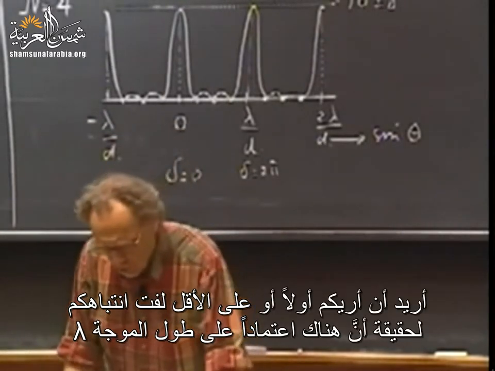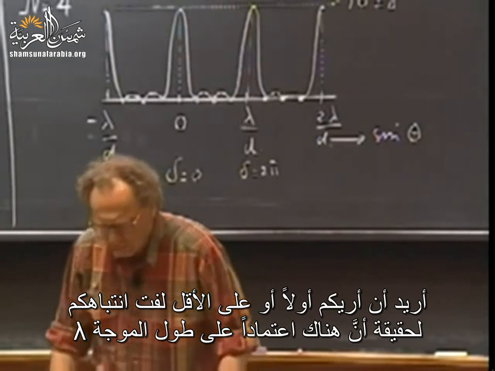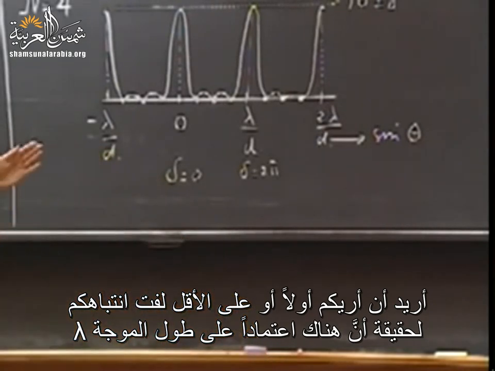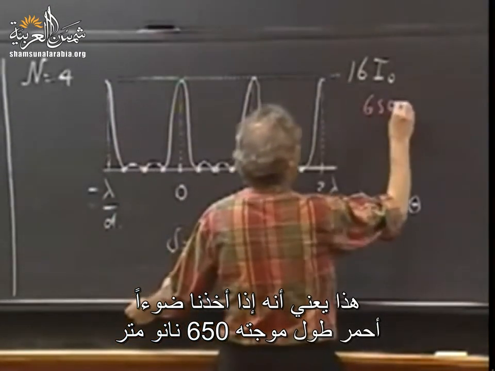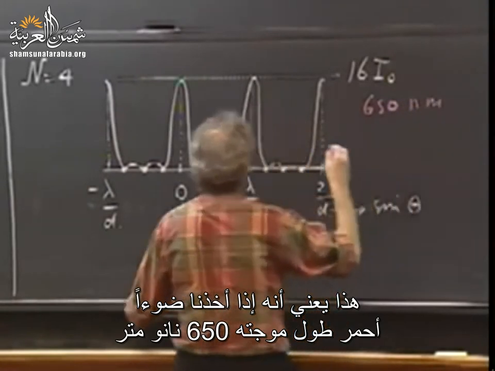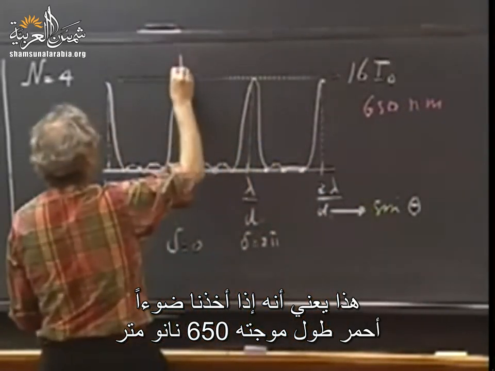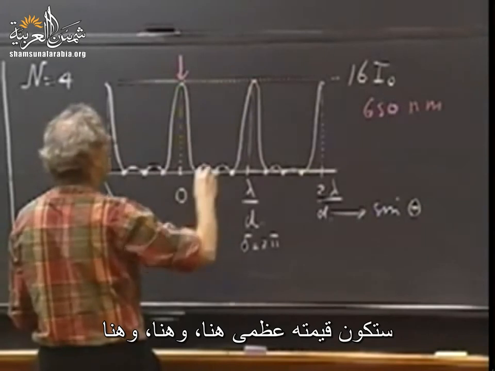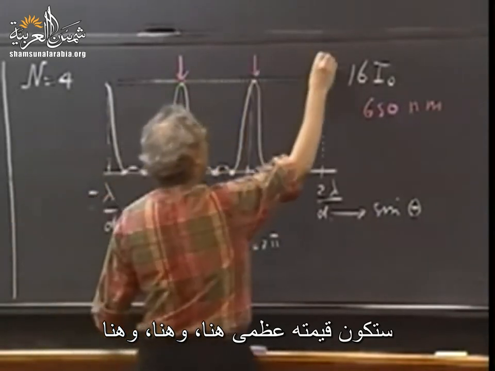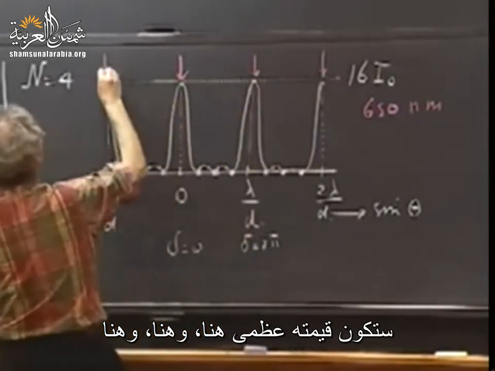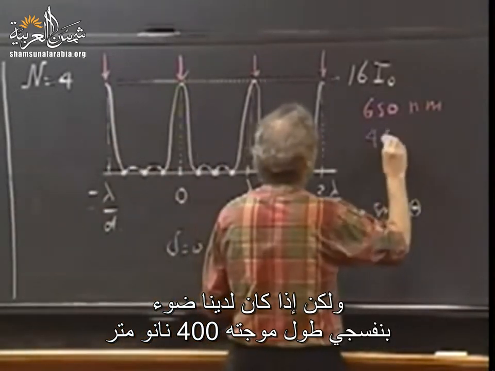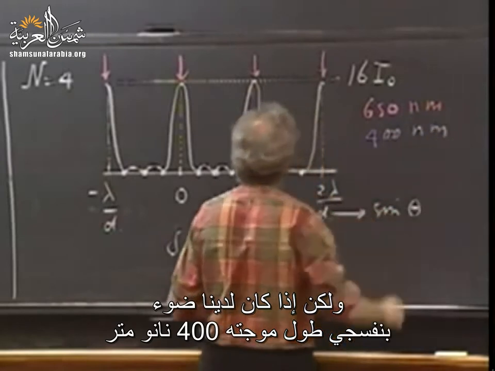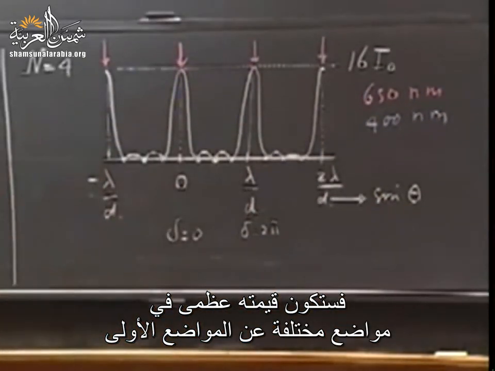I first want to draw your attention to the fact that there is a wavelength-dependent lambda. And what that means is that if you take 650 nanometers, which is red, the red would have a maximum here, the red would have a maximum here, and the red would have a maximum there. But if now you have 400 nanometers, which is violet light, it would have a maximum at different locations.